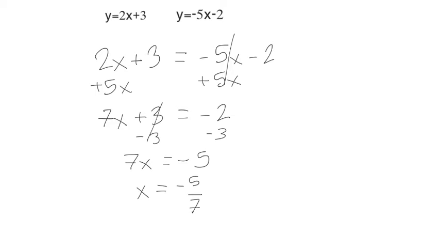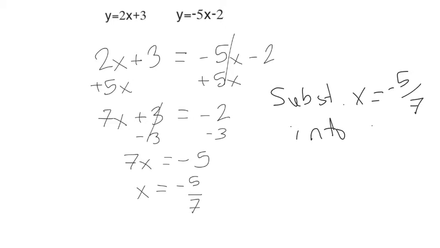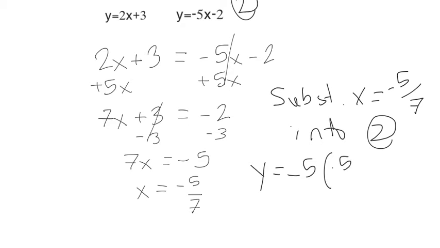So I'll write down what I'm doing here: substitute x equals negative 5 divided by 7 into equation 2. So this is equation 2. That means that y equals negative 5 times negative 5 over 7 minus 2.